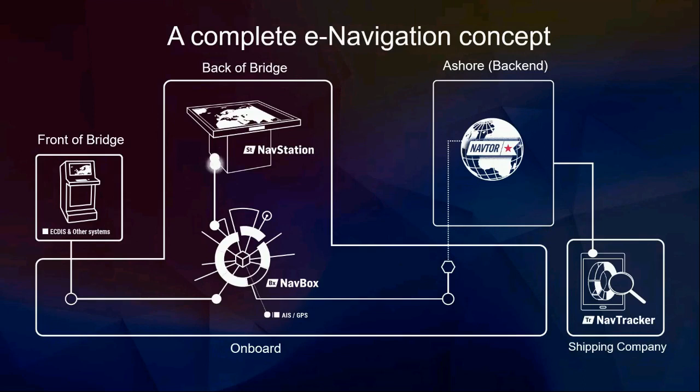From those two, the data will flow obviously back, and there's a flow of information from the back of bridge to the front of bridge, and also back ashore, updating and making sure all the products that may have just been asked for are all licensed and available for use. This will obviously update the database ashore.